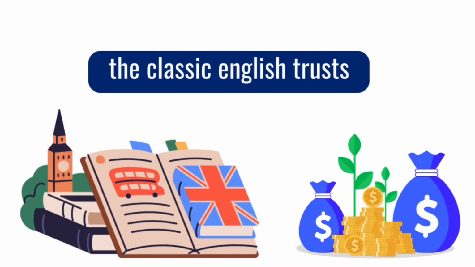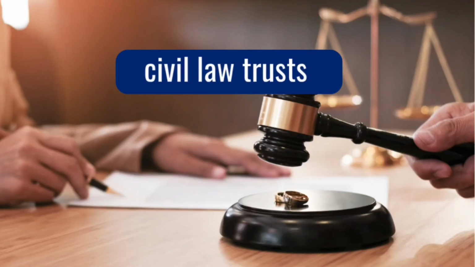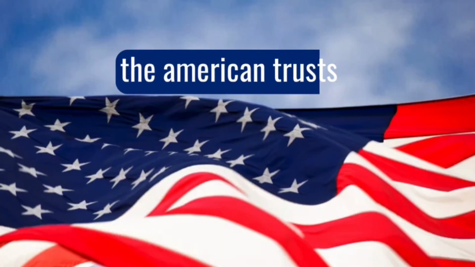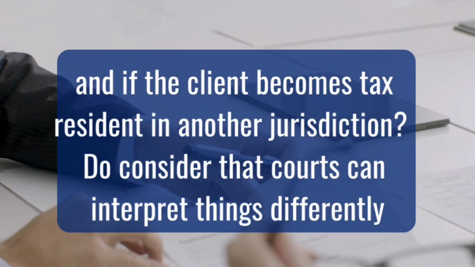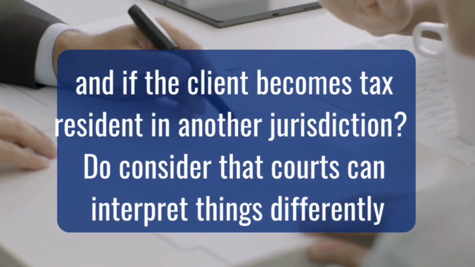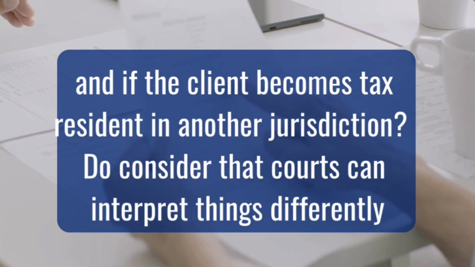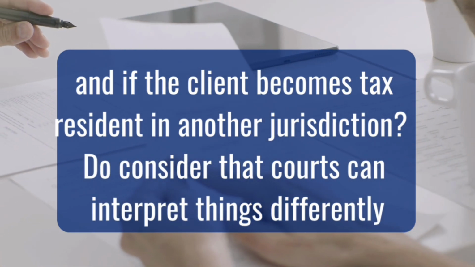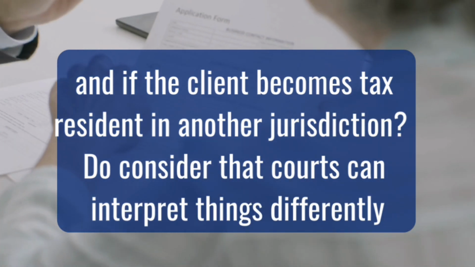There is secondly the Caribbean or offshore trust. There's civil law trusts, and there are the American trusts. So four. And if the client becomes tax resident in another jurisdiction as they leave the US and that jurisdiction does not recognize trust the way the American system does, understand that the courts can interpret things differently and therefore unintended consequences.